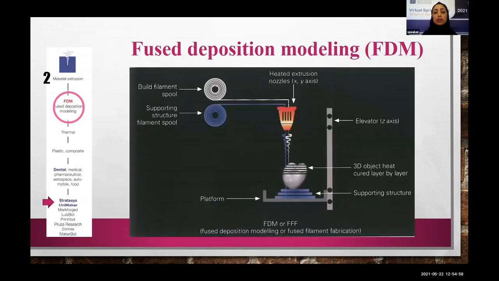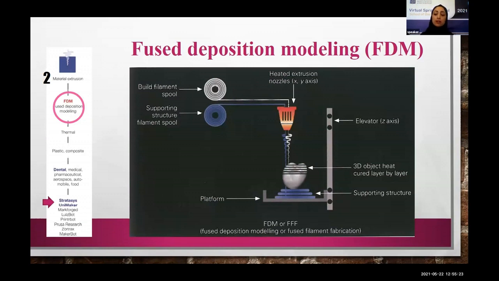The second main method of 3D printing is material extrusion. Material extrusion devices are known by a trademark name, FDM, fused deposition modeling, or a generic term of FFF, fused filament fabrication. The material is most often a solid filament, which is progressed through a heated extrusion nozzle.